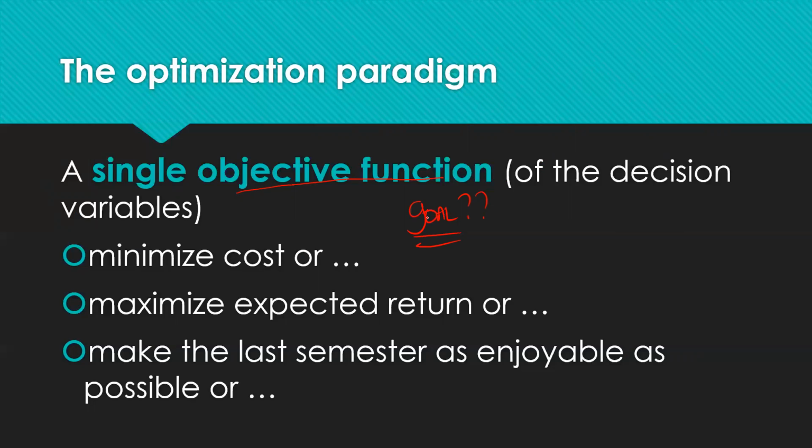Pero para saan ba yung mga decision variables na yun? For example, selection ng products. Product A, gusto ko mag-produce ng 3 pieces. B, C, D, 5 pieces, 10 pieces, 1 piece. Ngayon, ito yung mga decision variables natin.